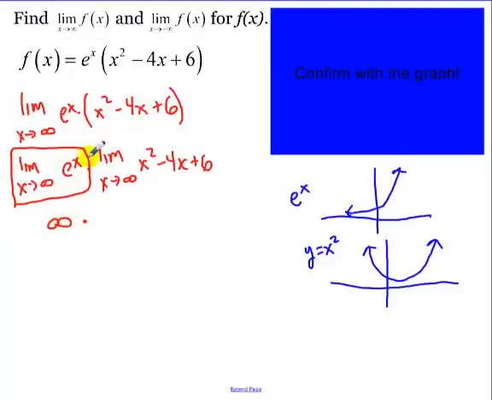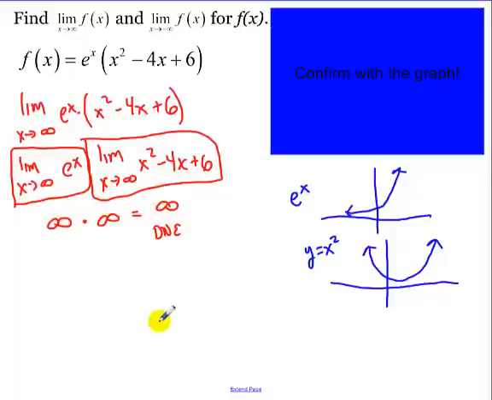Now the parabola is also going to positive infinity, so this answer would be either infinity or does not exist, because I can't put my finger on a number like infinity. Infinity times infinity, a really big number times another really big number, is still going to be a pretty big number.